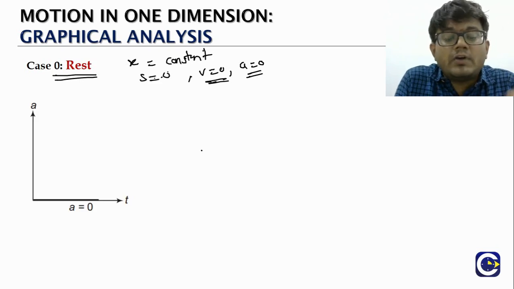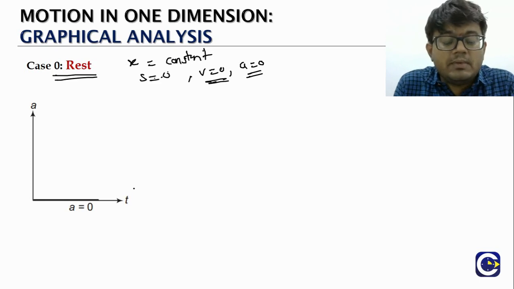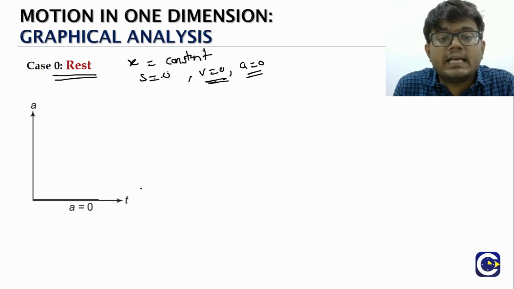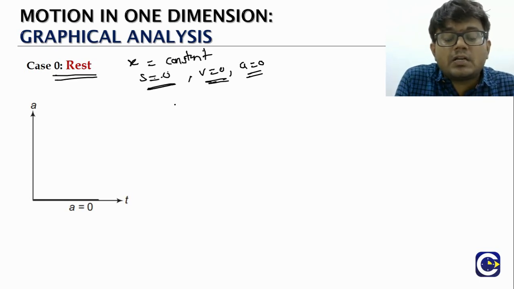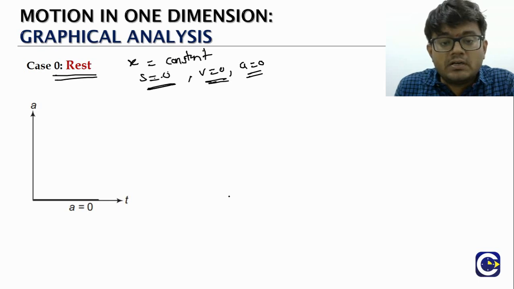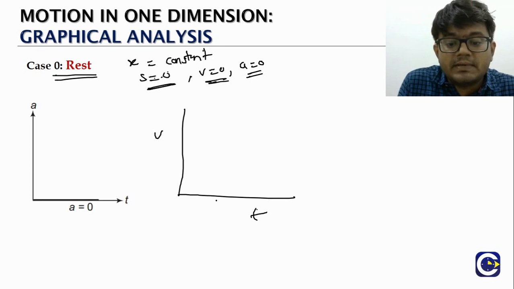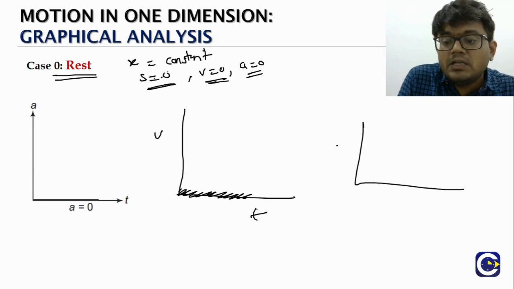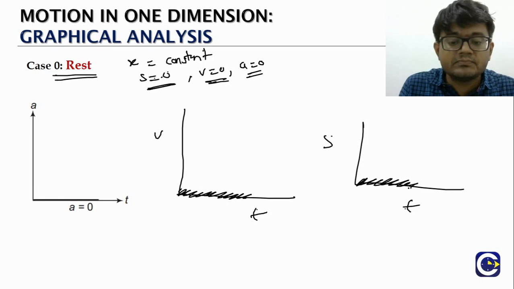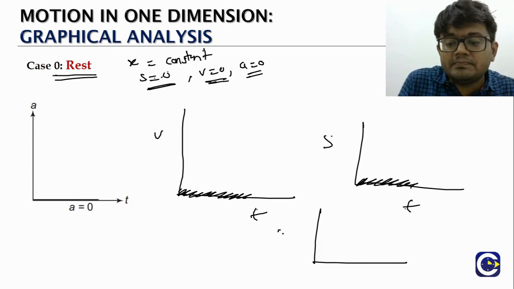If you plot velocity with respect to time, the line will be on the x-axis. If you plot displacement versus time, it will also be on the x-axis.